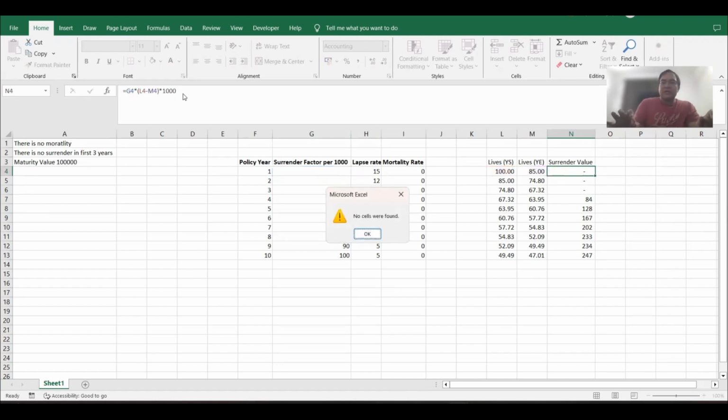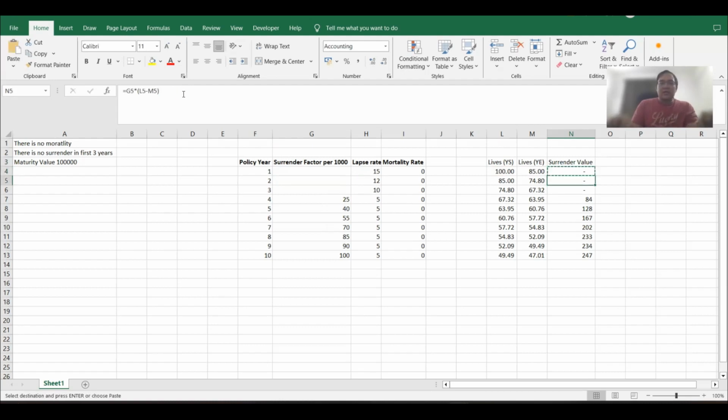Otherwise, you are going to get a lower number. Let me drag this. The formula is the same, so you can easily drag it. This is the surrender value that you will be paying at the end of year 10, assuming there are 100 people. That is also an assumption.